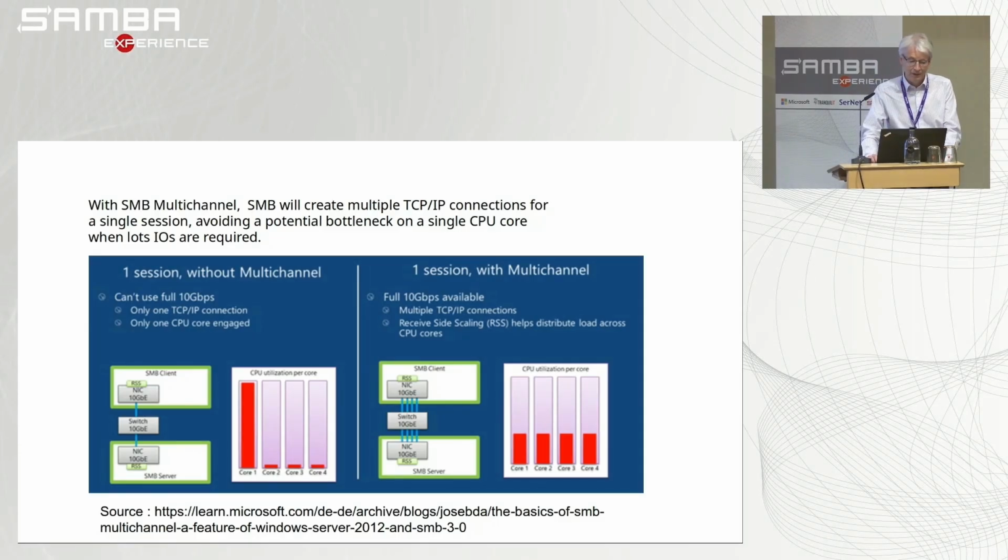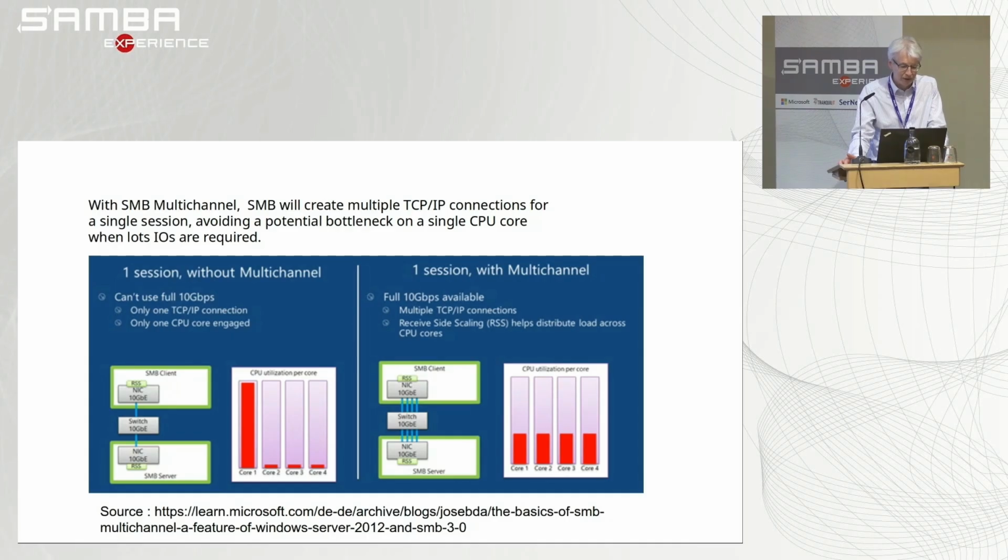It says, if I have a single session with SMB without multichannel, then what can happen is that I overload basically the CPU serving the network adapter, kind of single-threaded. We may end up with one CPU overloaded and other CPUs idle.